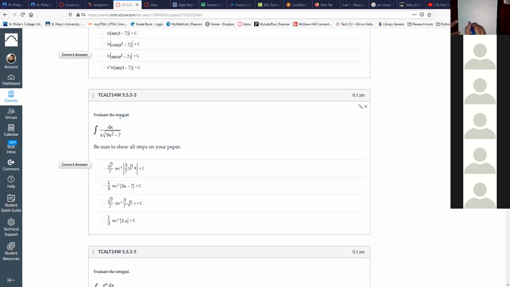That's what I would do. dx over x times 9x squared minus 7, close parentheses, negative 1/2. That's what I would do so I can get the u substitution, which is 9x squared minus 7. If you were to do the u sub, you wouldn't get the du anywhere. It has to be inverse trig approach.